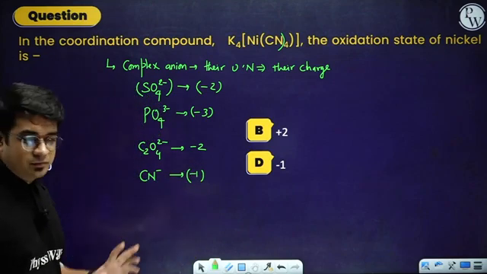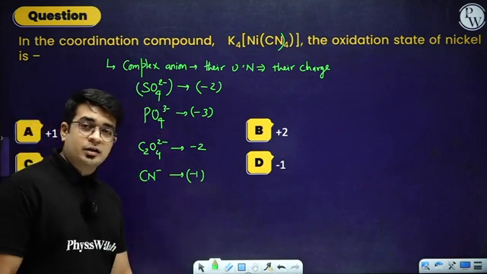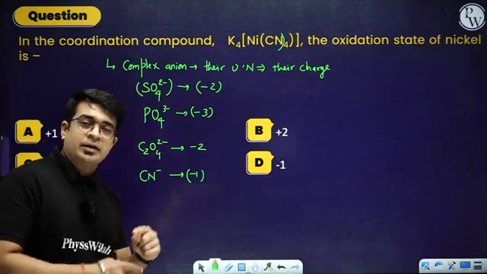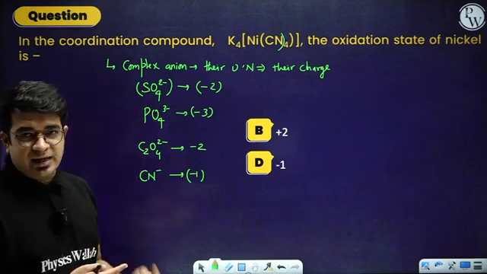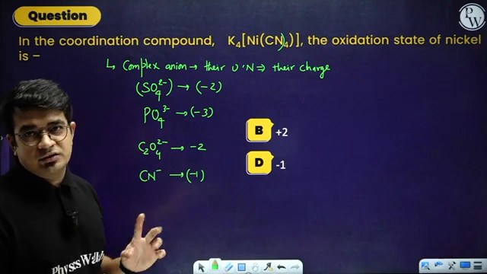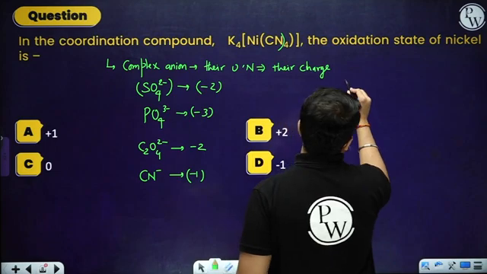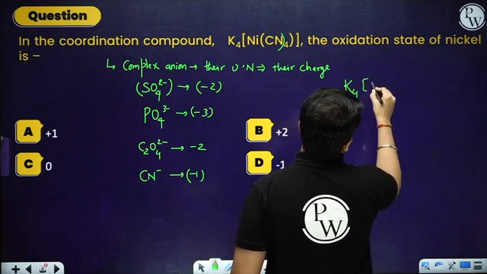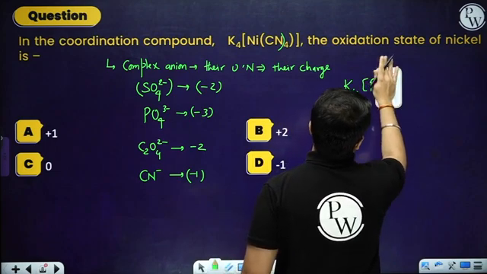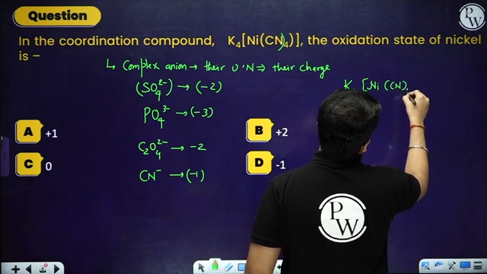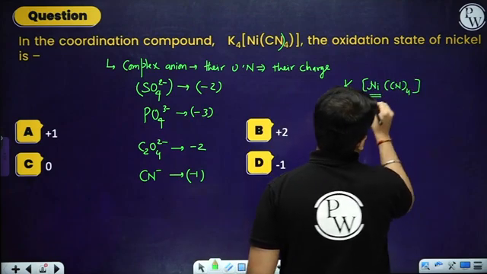So their charge will be equal to their oxidation number as a whole unit. I'm not talking about the individual atom, but in case of a complex anion, you can talk about their total charge that will be equal to their oxidation number. So in this particular case, we have the complex K4[Ni(CN)4], and we want to calculate for this particular part.